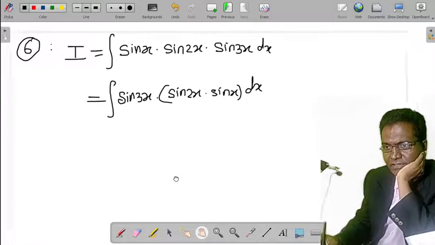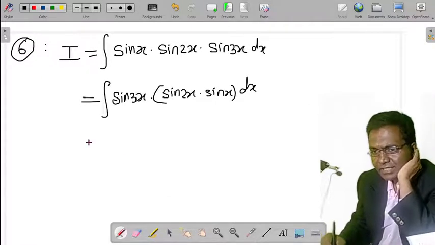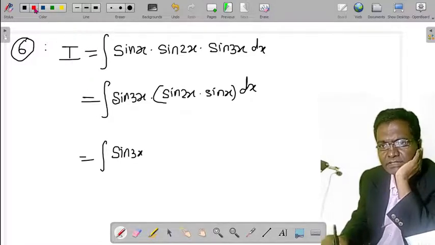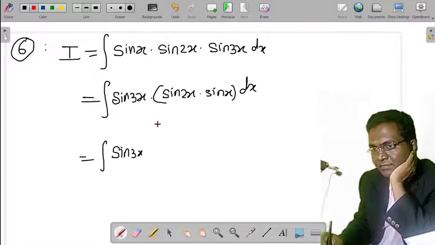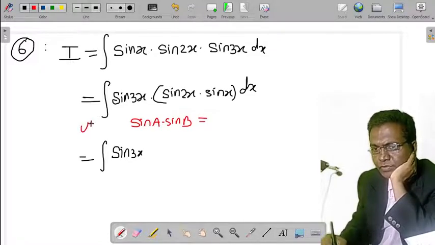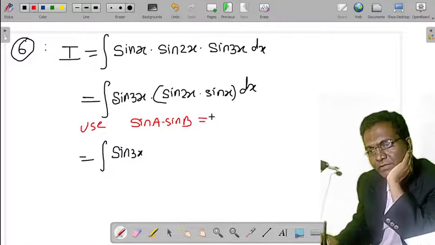Now see here, you need to use this sin A sin B formula. So sin A into sin B I have written earlier. What is sin A into sin B?